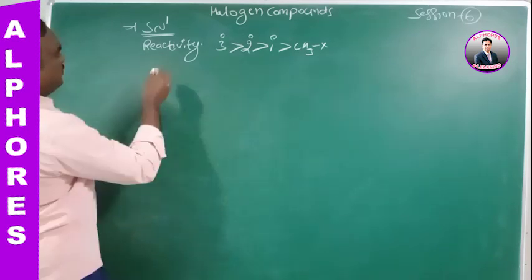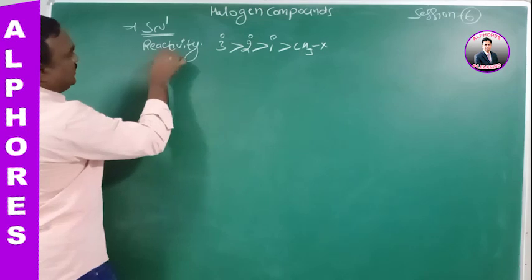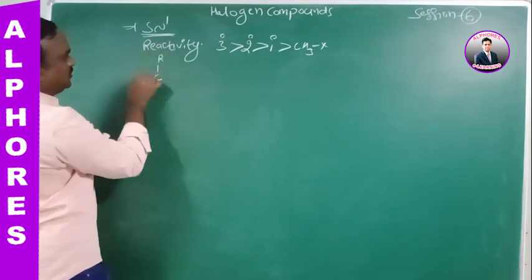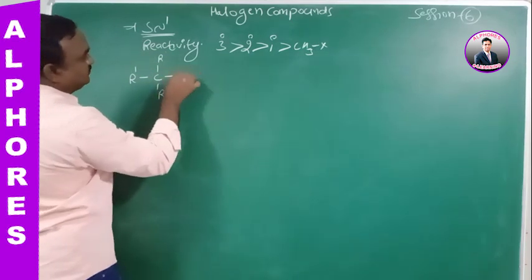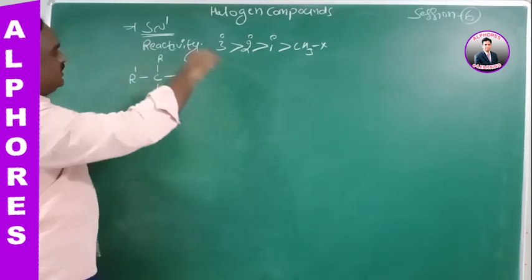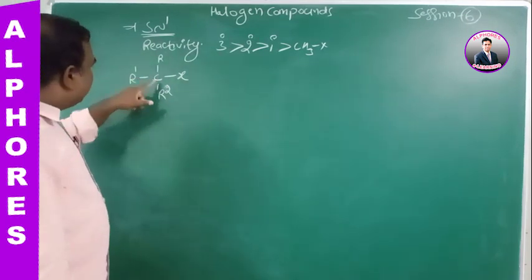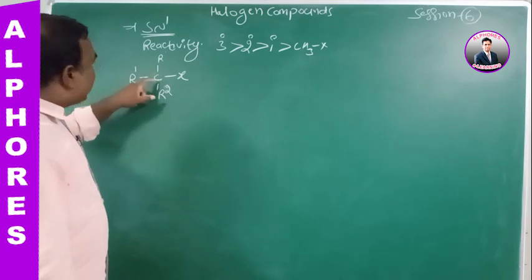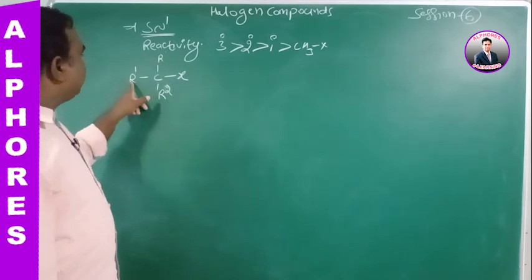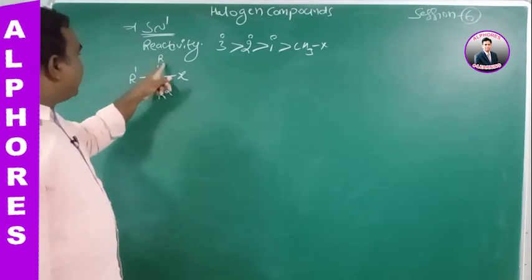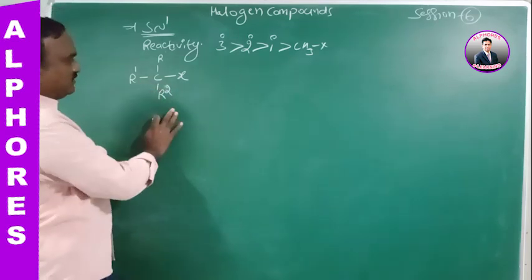For example, here the carbon is having three different alkyl groups R, R1, R2, and X. According to the connectivity order, the given substrate is carrying a chiral center, with different R groups, maybe ethyl, propyl, butyl, like this. So a tertiary alkyl halide is given.